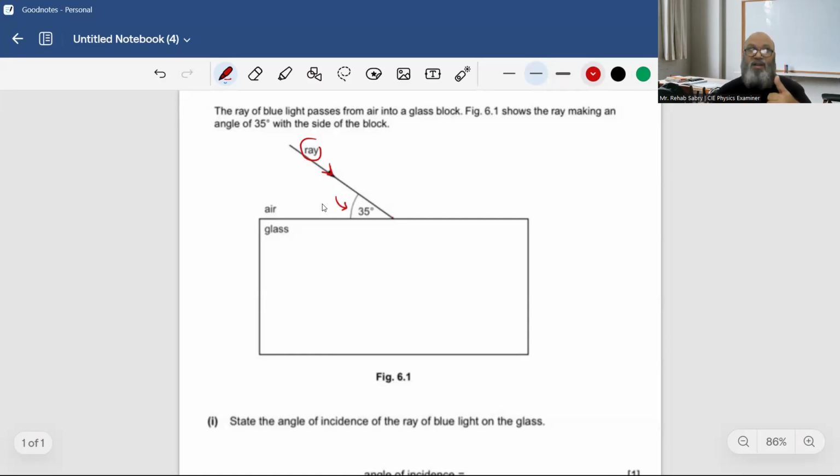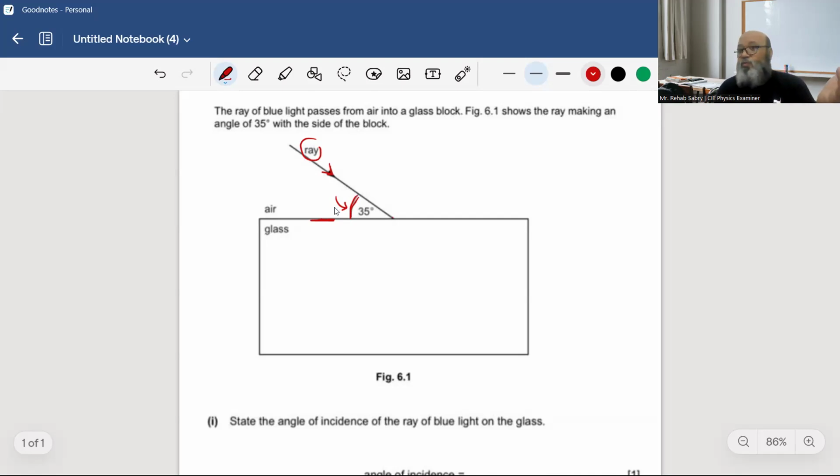Number one, never use the angle between the surface and the incident ray, which is this angle. This angle can never be used in solving any question to get the correct answer. Okay, so this is number one.